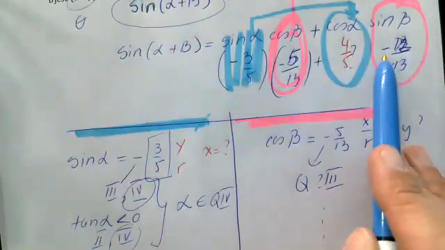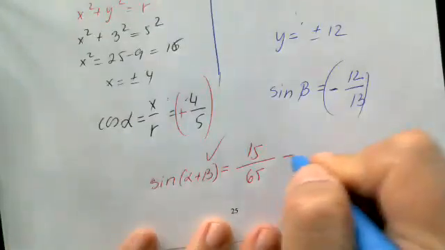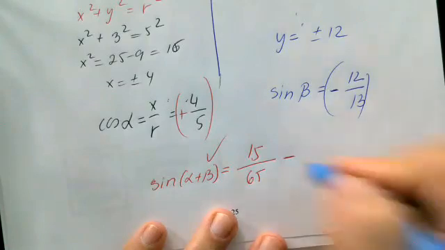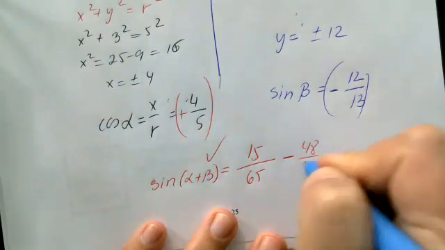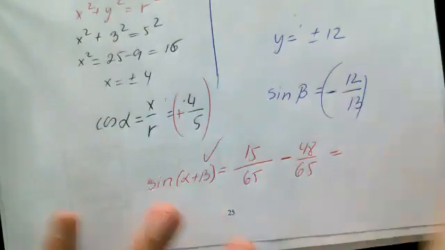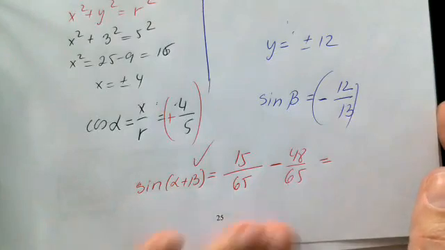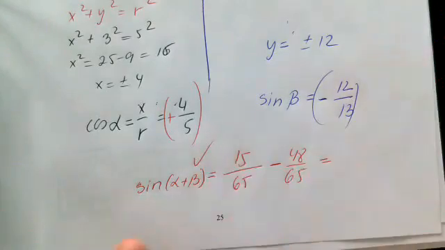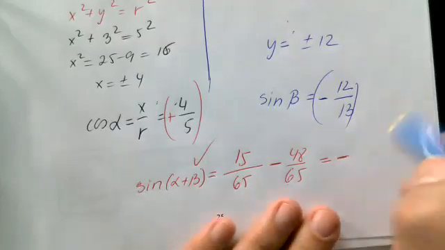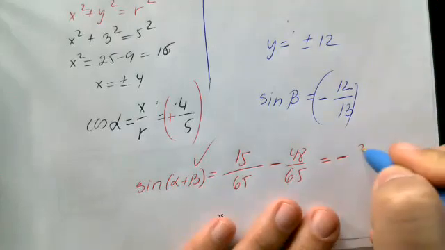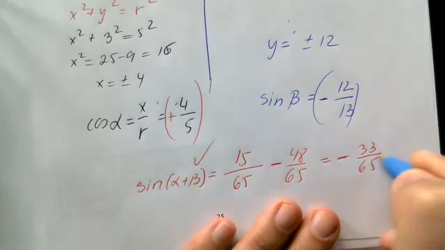And then we have positive times a negative, which is -4 times 12, 48/65. So far, so good? 15 minus 48, or 48 minus 15? How much? 33 over 65.